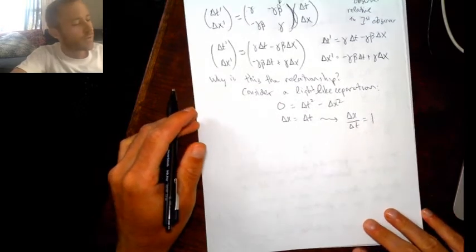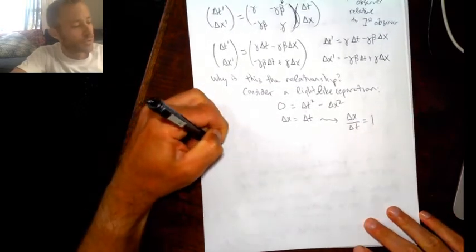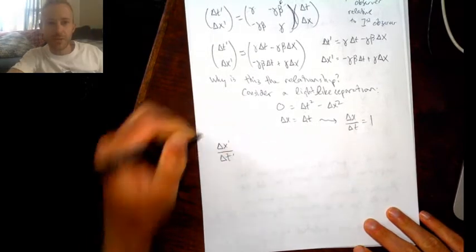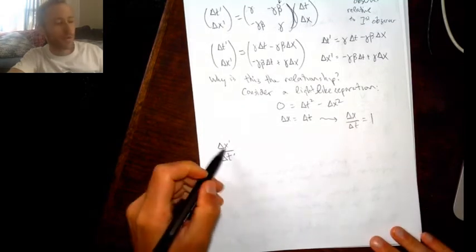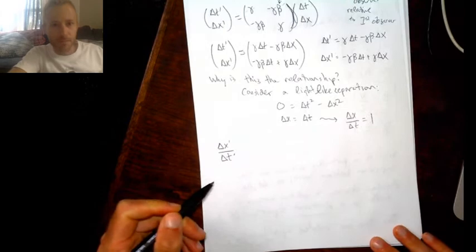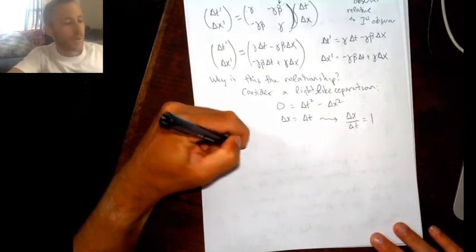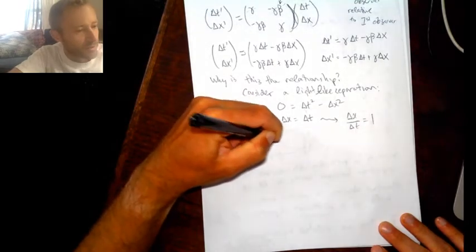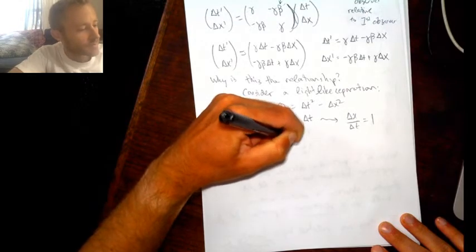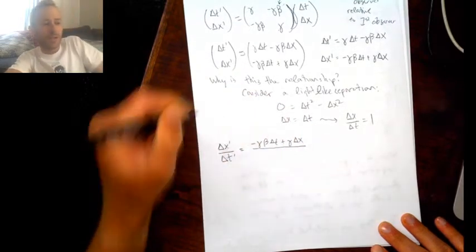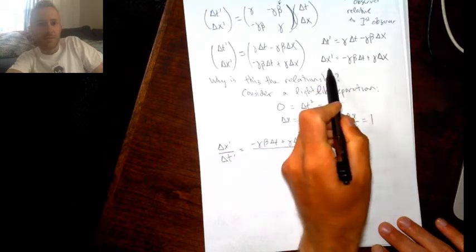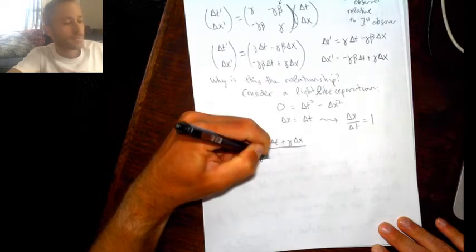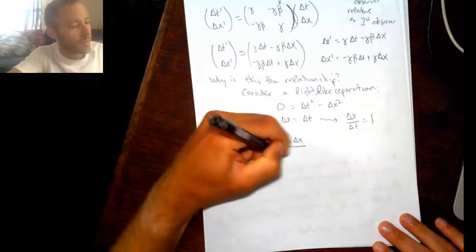Then what would be the velocity measured by the second observer? The velocity measured by the second observer would be delta x prime divided by delta t prime. So that would be minus gamma beta delta t plus gamma delta x over, again, I'm just reading off this formula here, gamma delta t minus gamma beta delta x.